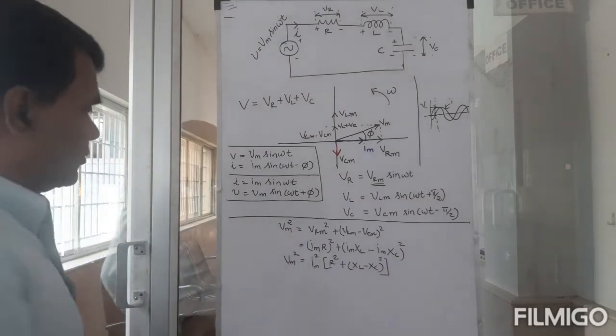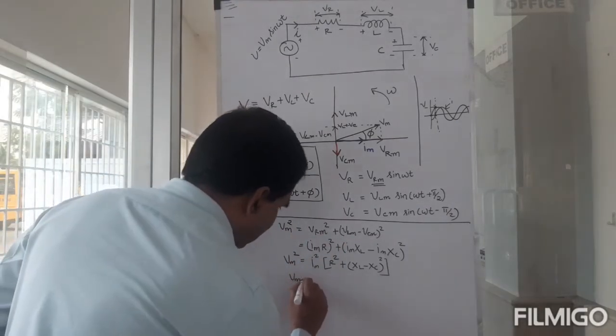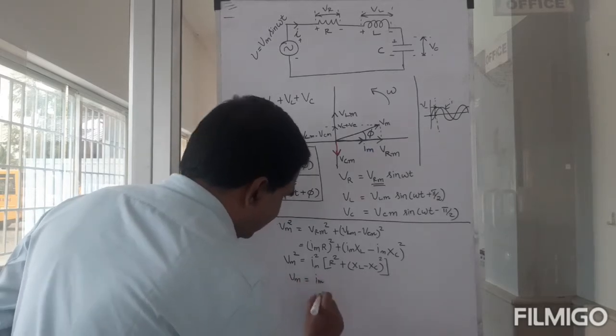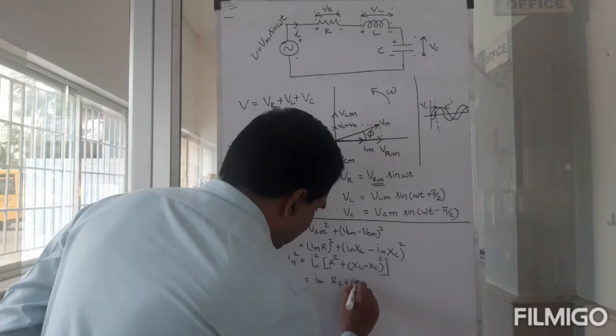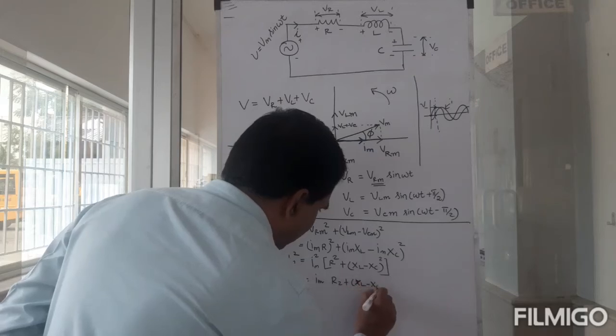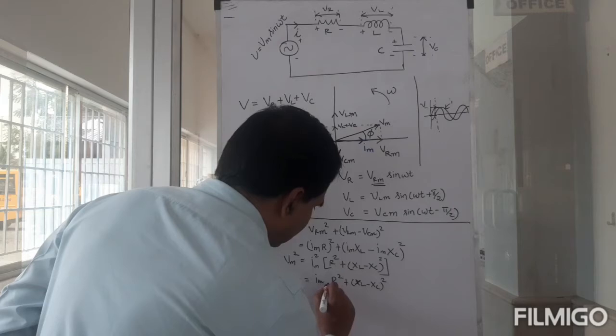Now if I take the square root of this, then I am going to have VM equal to IM into the square root of R squared plus XL minus XC whole squared. Okay?